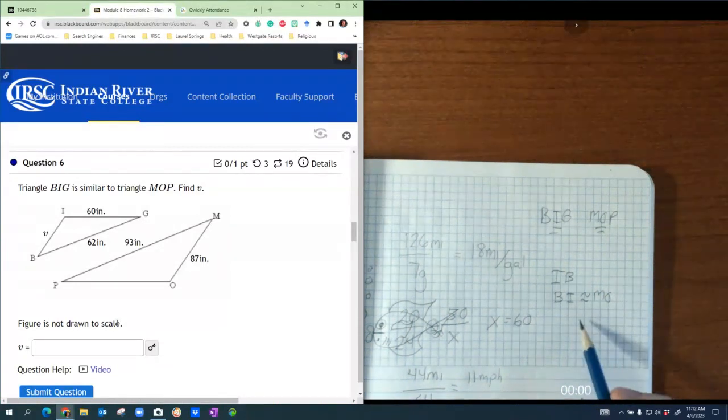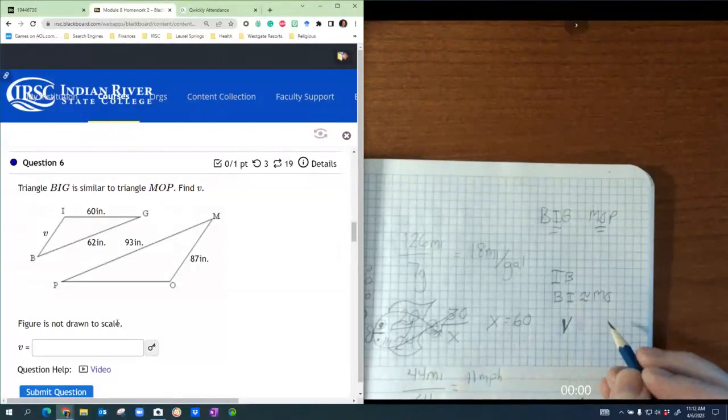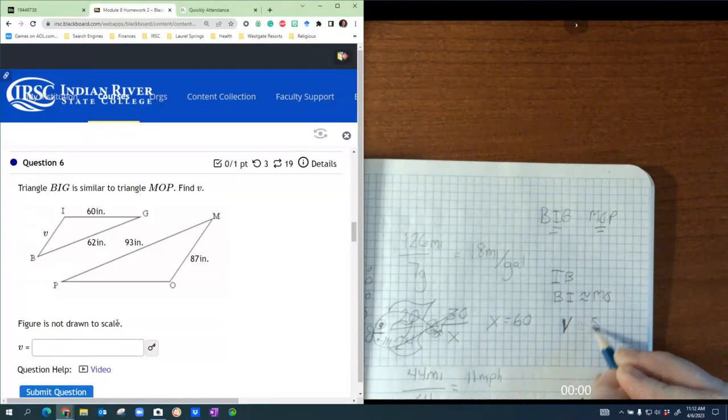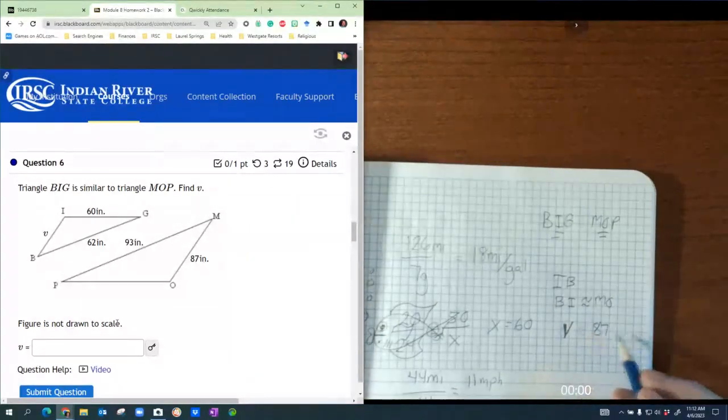So if I'm looking at that, then I can look at BI as, or V, excuse me, they give it the letter V, all right, is corresponding to MO, which is going to be 87, okay? So they're corresponding parts.